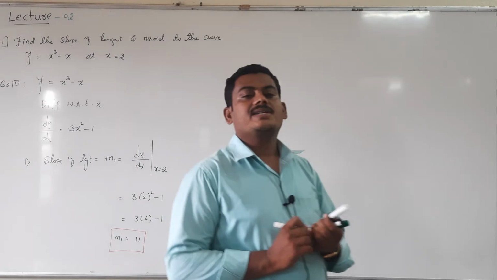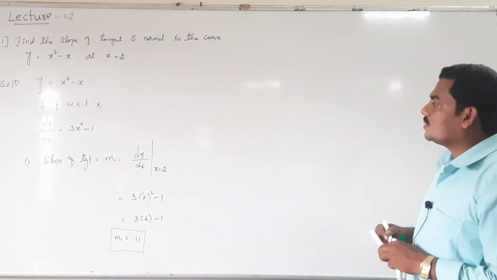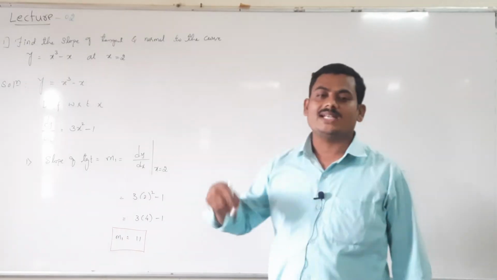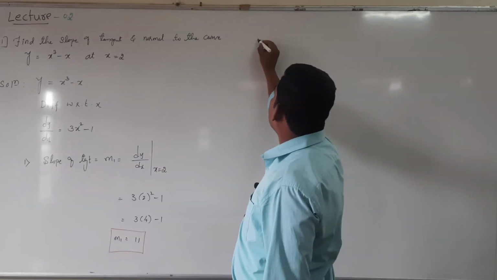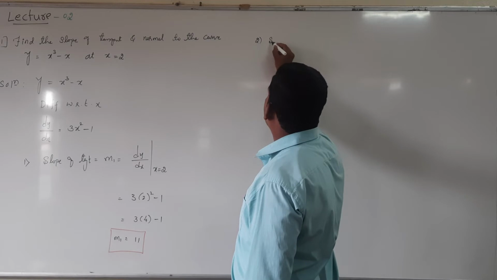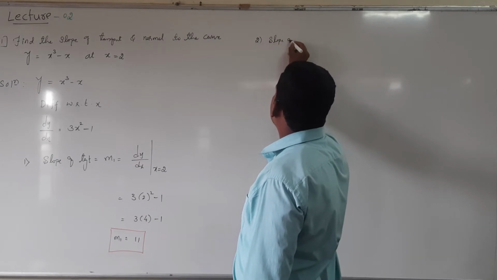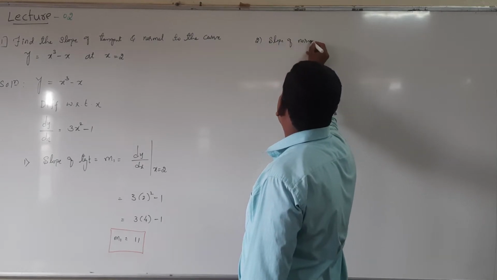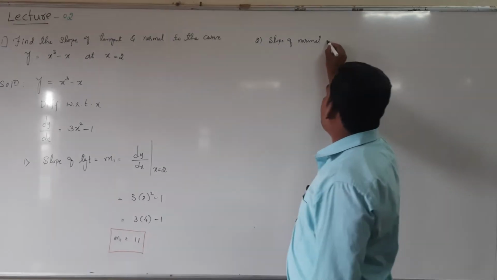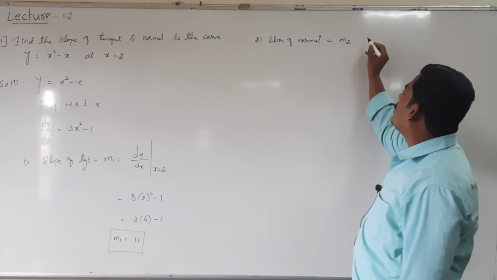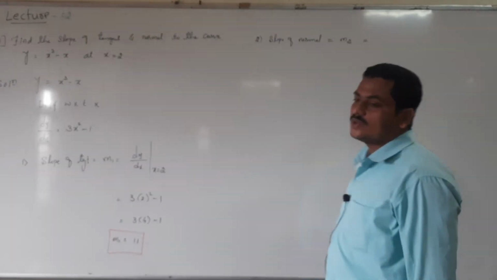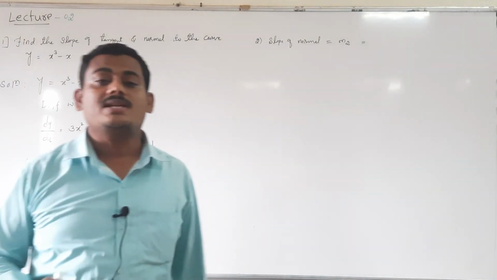We need to find the slope of the normal line also. After getting the slope of the tangent line, directly write the slope of the normal. Slope of normal is denoted with m2. What is the relationship between the slope of the tangent and the slope of the normal?